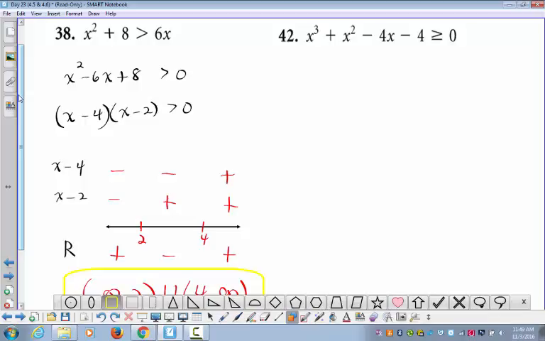Yeah, so if you put a negative 4, you'll be fine.